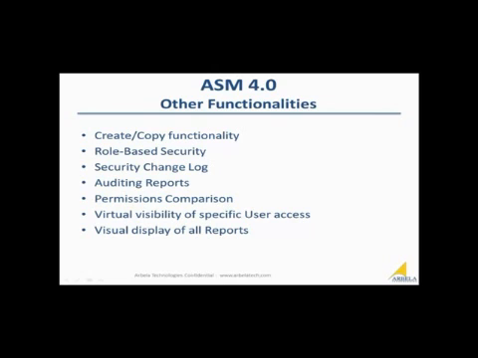Auditing reports. We have added 4 auditing reports in the 4.0 version. These reports basically outline your entire security structure in every format possible. And you can run all kinds of filters and queries and sorts on these reports. They're very functional, and you can export them to Excel as well. Permissions comparison. I've never seen this anywhere.